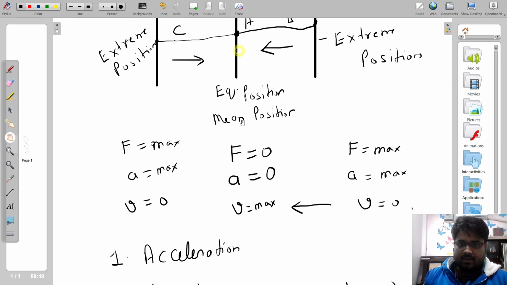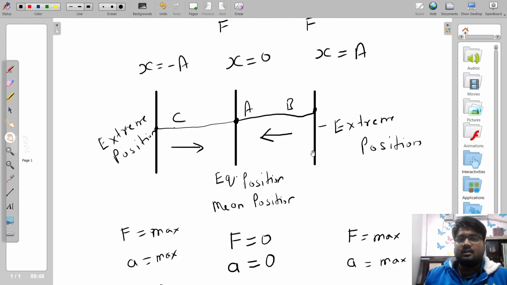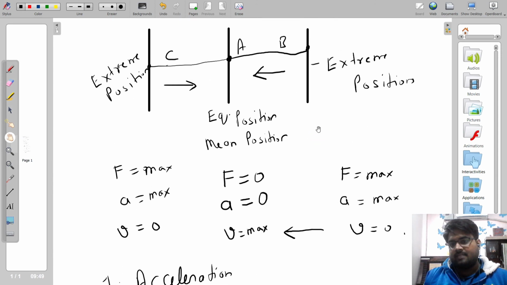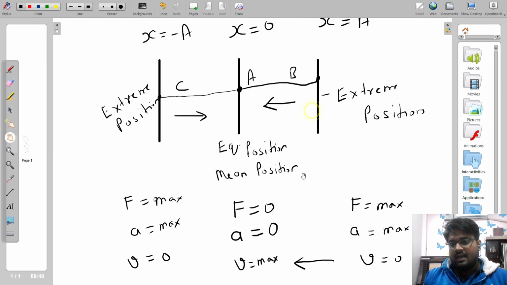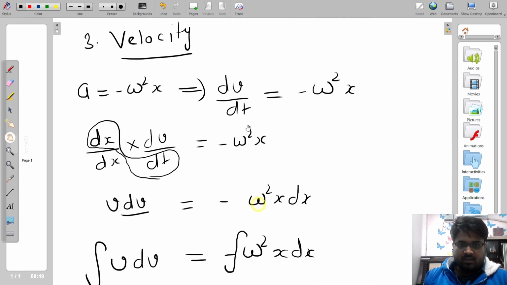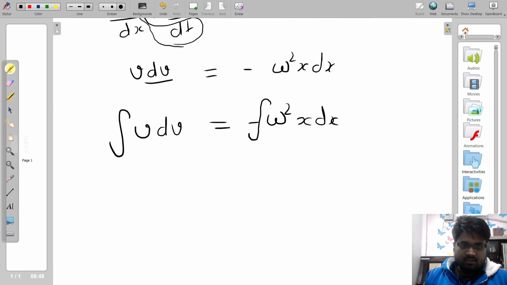Now we are moving back to the previous diagram. When the displacement is maximum, x is maximum, v is 0, and when v is maximum, x is 0. Now if the displacement is between these 2 points, suppose displacement x is equal to x, then v is equal to v. So we will use this relation and we will put the limit according to this.